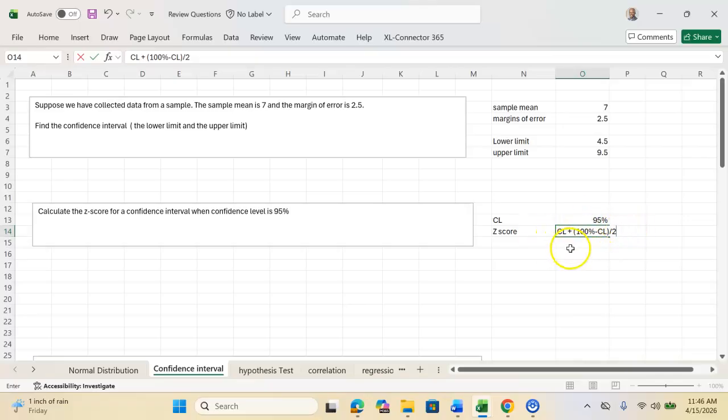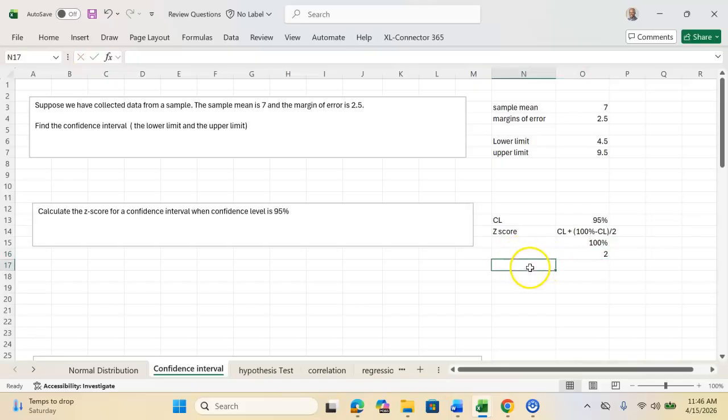We're going to use this formula as follows. Before doing that, I'm going to write 100% so that I can use the Excel function, and also I'm going to just type 2.